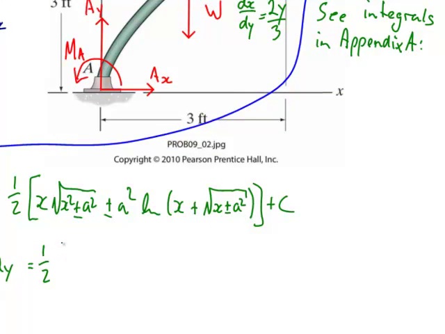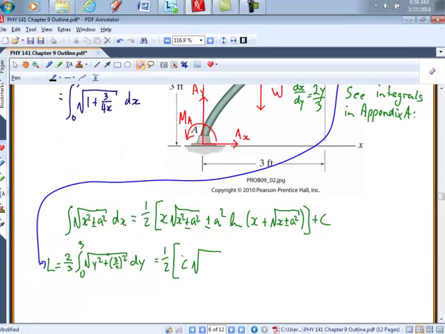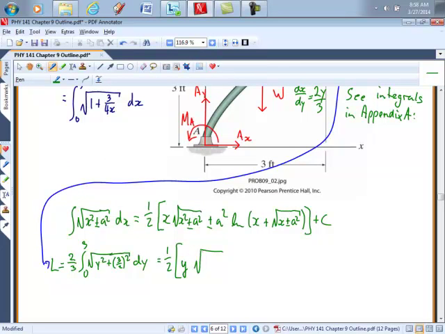So that's going to be 1/2 of y times the square root of y squared plus 3/2 squared, so 9/4, plus a squared, which is 9/4, ln of y plus the square root of y squared plus 9/4.